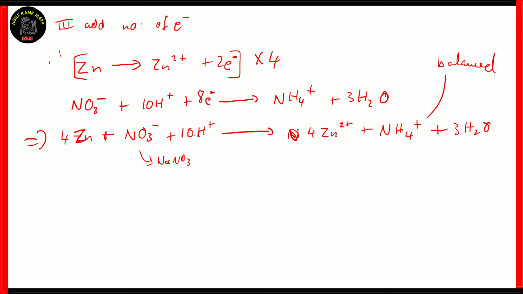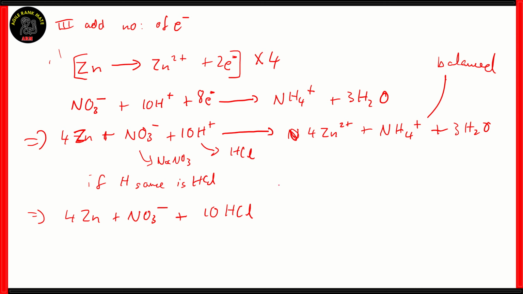But what about the source of hydrogen? We can use HCl as a source here. So if the hydrogen source is HCl, then the reaction would become 4Zn plus NO3 minus plus 10 times HCl. Instead of H plus, we put in HCl.